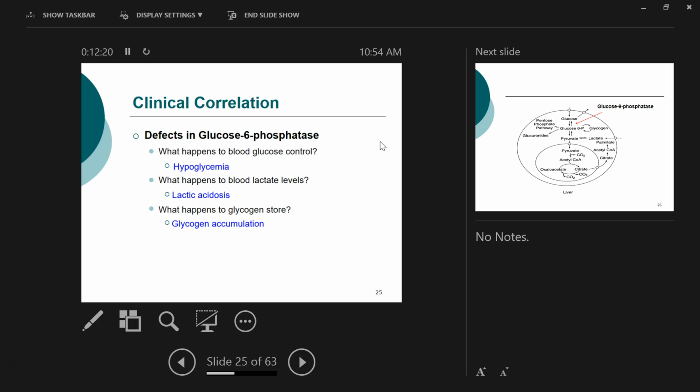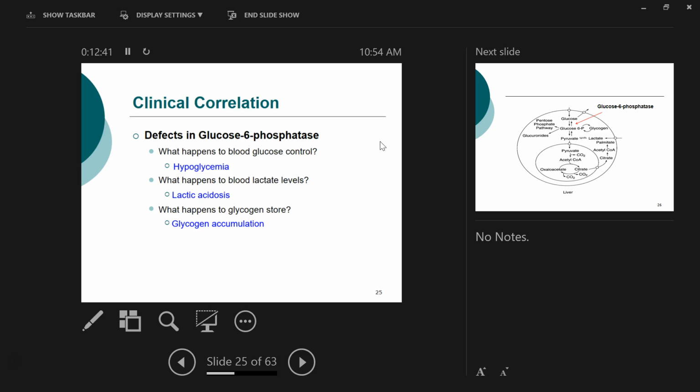Glucose 6-phosphate is a substrate that can inhibit the glycogen breakdown enzyme, which we're going to talk about later, right? But just so you know, it is a very strong inhibitor of the glycogen breakdown enzyme.